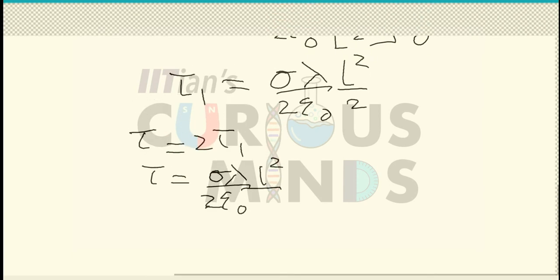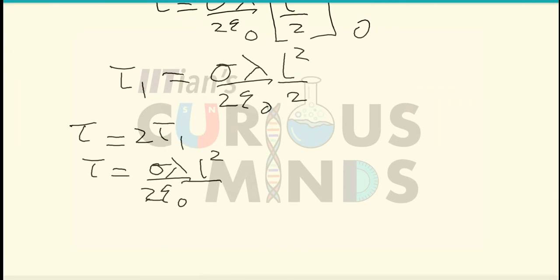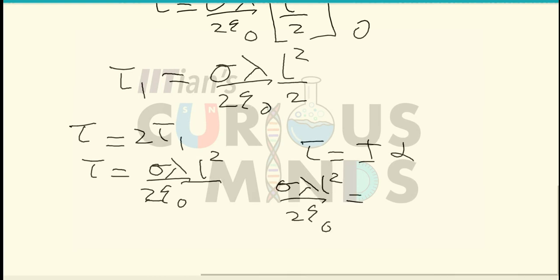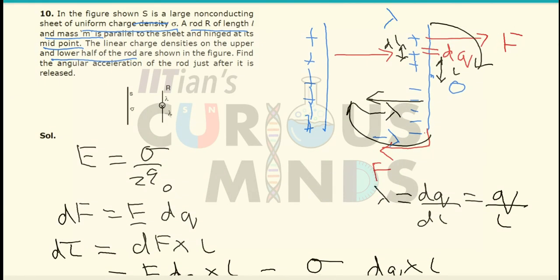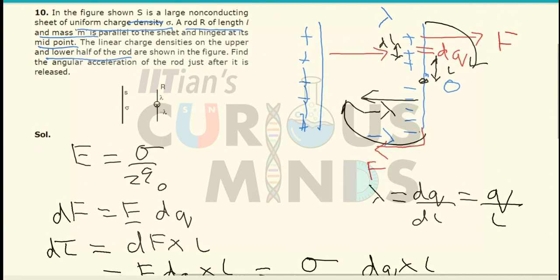We have to find the angular acceleration at this instant. The torque will be equal to I into alpha. The torque is already found. Let us consider the mass of the rod m and the length of the rod L. Since the rod is rotating about its center, the moment of inertia will be m L square divided by 12.